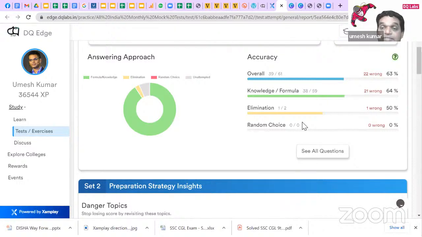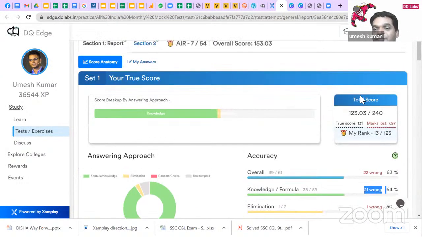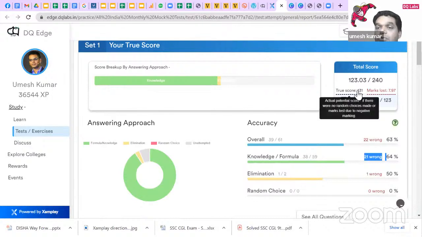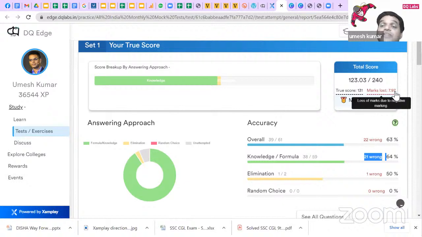Okay, so she has been very careful. Now, what is more important here is she has answered 59 questions through knowledge and formula and she got 21 wrong. And which means that there is the negative marking, so she has lost so many marks. Okay, so her true score is 131, but she lost 7.97 marks because of the negative marking.